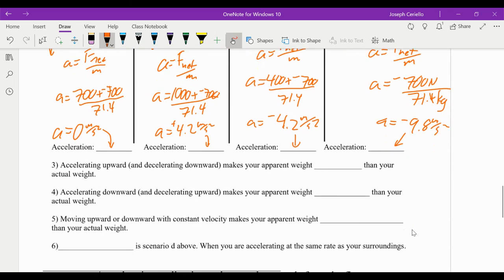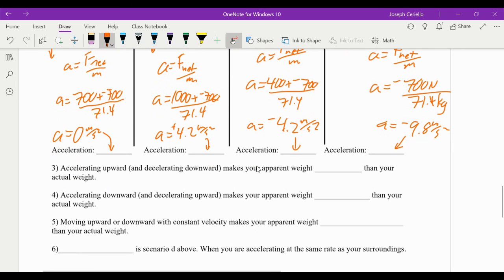So you're accelerating downward. So accelerating upward or decelerating downward, when you have a positive acceleration, your apparent weight is heavier. You can say greater if you want. This is the same as scenario B, the second one. Accelerating downward or decelerating upward makes your apparent weight lighter.